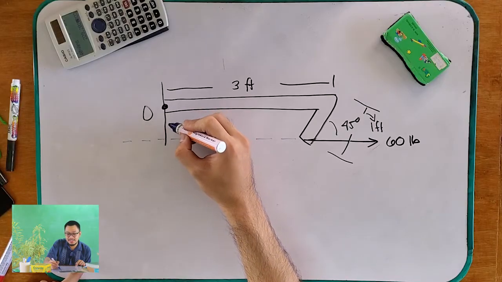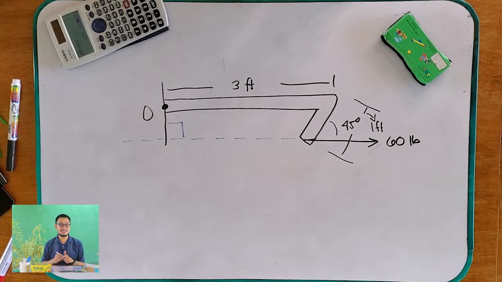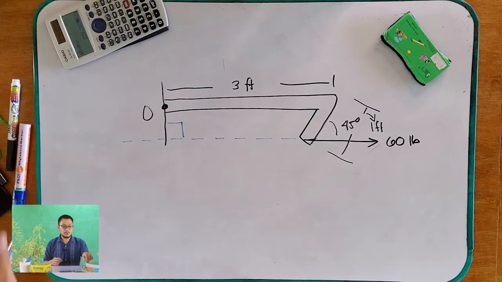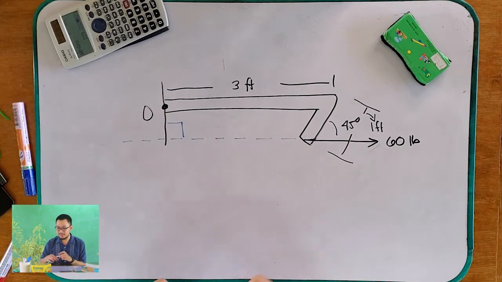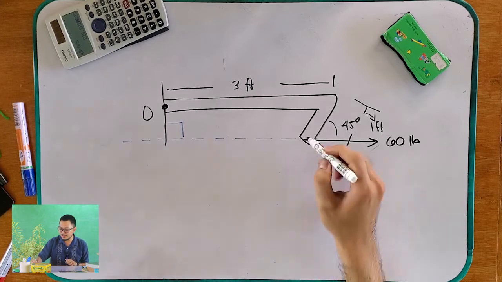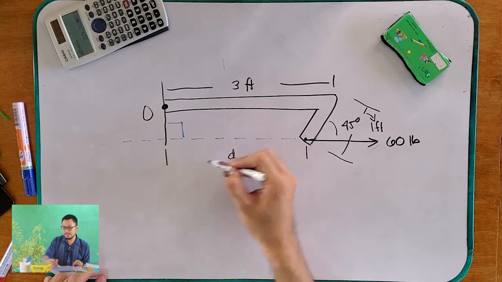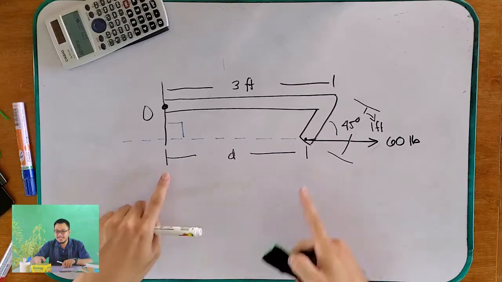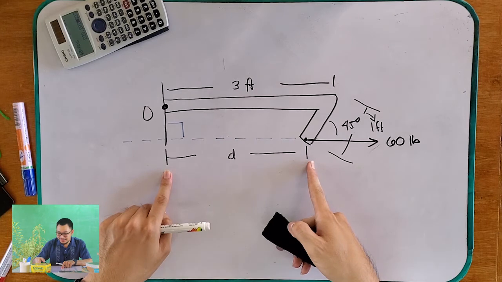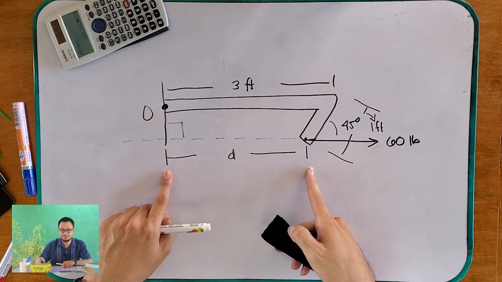Okay? And again, this is your perpendicular distance. Right? So, this is your force, where your force is applied. And your D is this one. Right? No, it's wrong. Why? This is not your D. This is not the perpendicular distance.